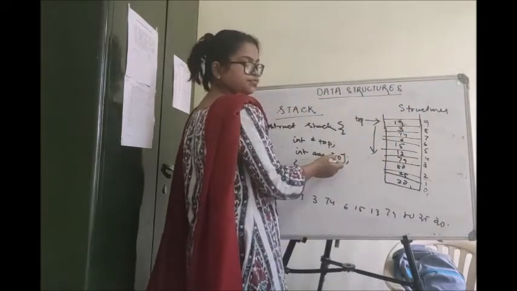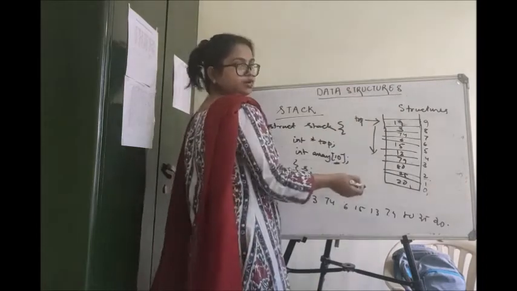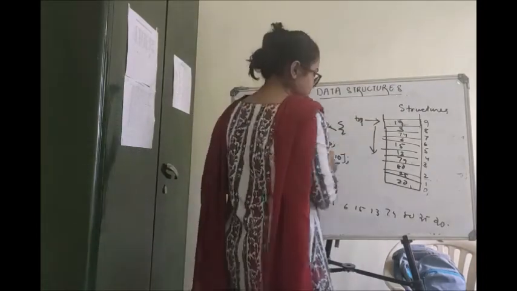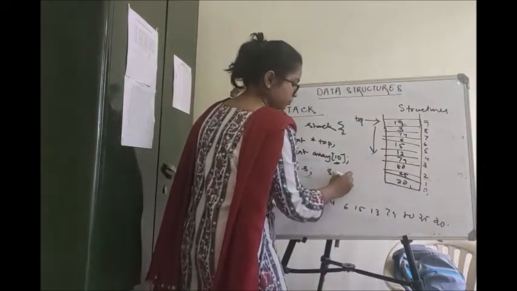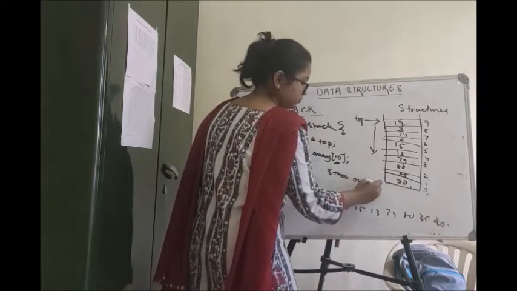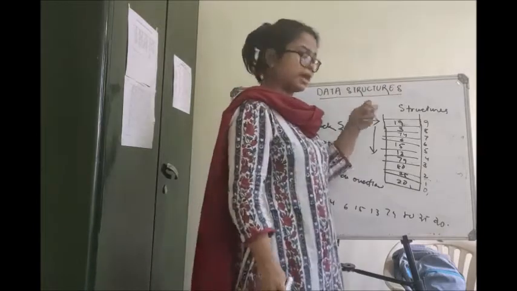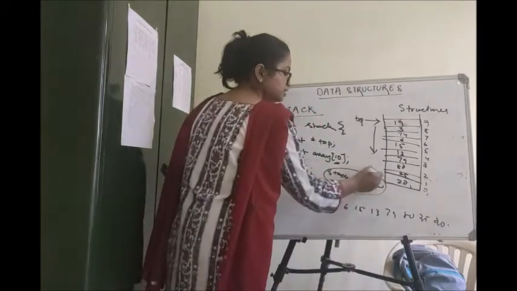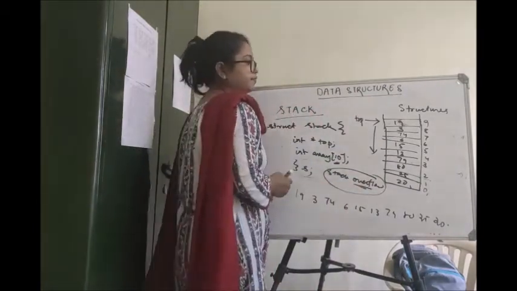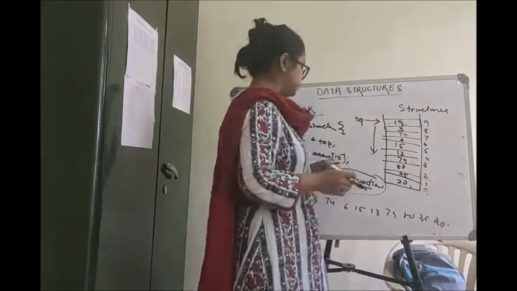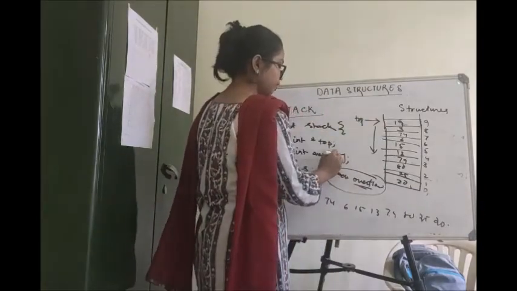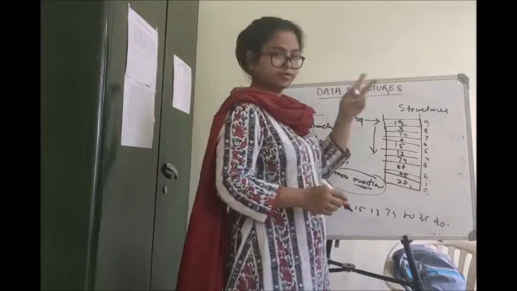If the size is predefined, so it is 10, and it is already full, and we try to add an element to an already full stack, what will it result in? Stack overflow. Now if we have space, let's say the size is 12, you can add 2 more elements, right?